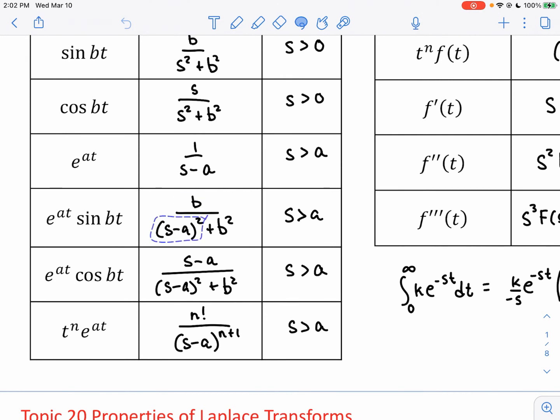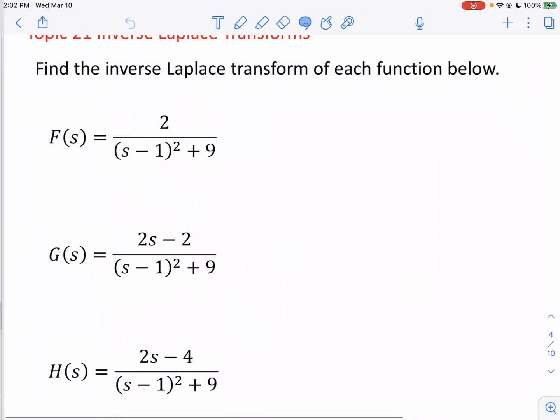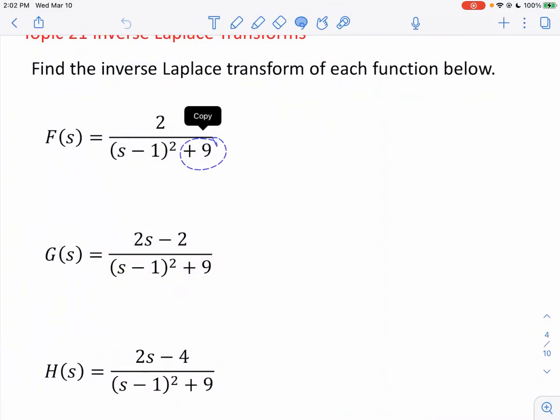But the second part of our denominator is this s minus a squared. So I'm thinking that we're going to get an inverse Laplace transform that takes me to e to the at sine bt for the correct choice of a and b, and then maybe with a constant coefficient in front. All right, so this is the b squared. So I need a 3 up there, not a 2. So I'm going to factor a 2 out and counter with a 1/3 and put the 3 up there that I'm after. S minus 1 squared plus 9.